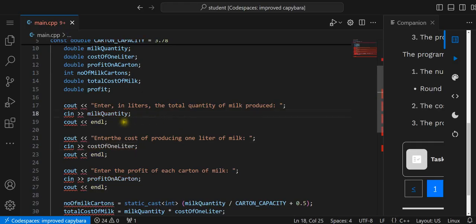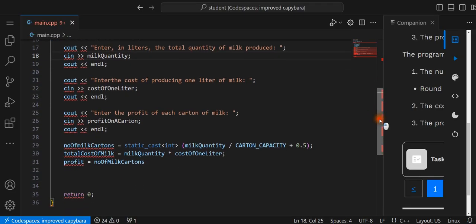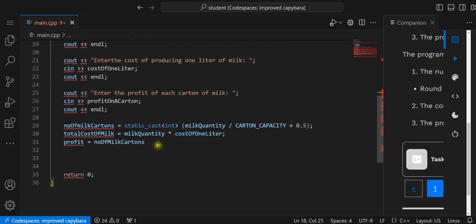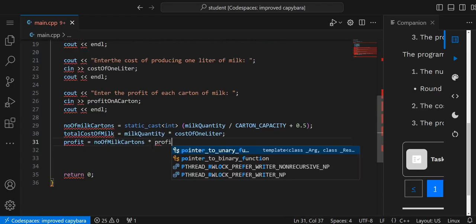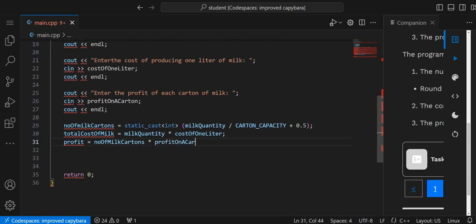Lowercase f. Alright, so milk cartons times profit on a carton, as well.